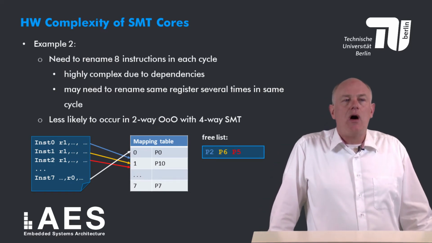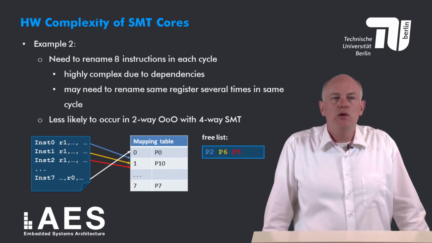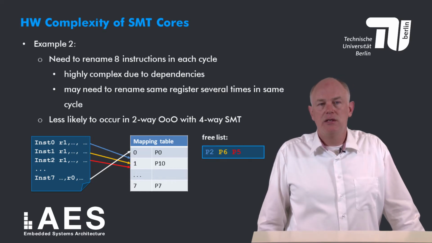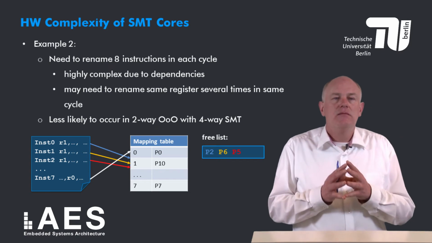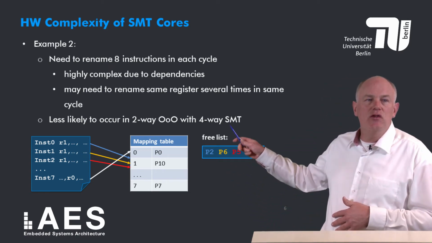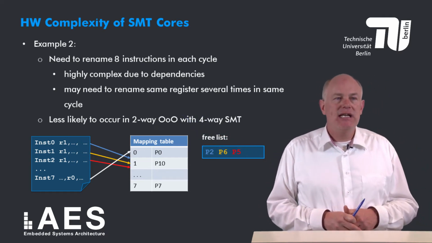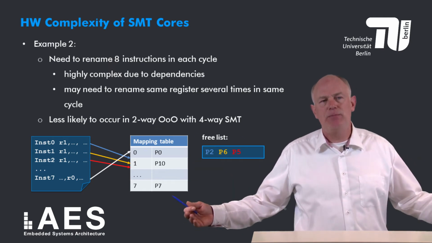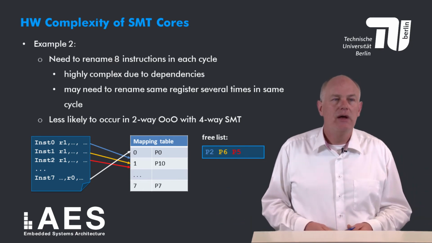Another example of how simultaneous multithreading reduces the complexity of superscalar ILP hardware. In a single-threaded 8-way superscalar, we need to be able to rename 8 instructions each cycle. Or we need to split it, which increases the branch penalty, etc. Everything is a trade-off.